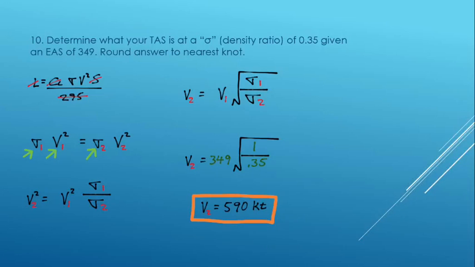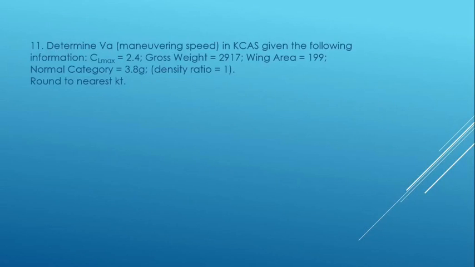Okay, now we've added the category of aircraft in here, figuring what VA is. VA is the speed at which the airplane will stall at its maximum rated G loading, which is, for the normal category airplane, 3.8 Gs.